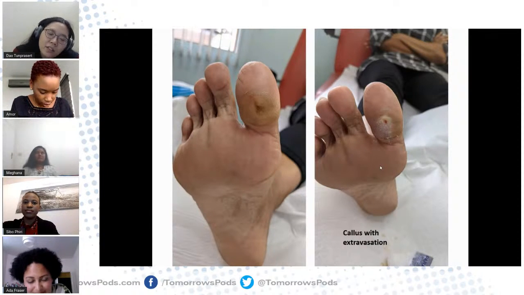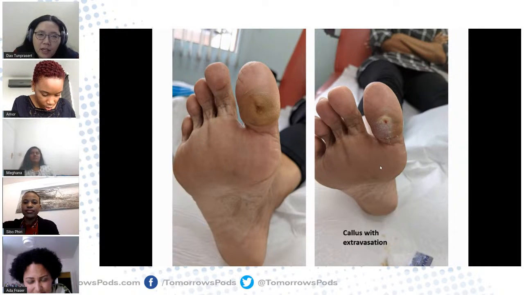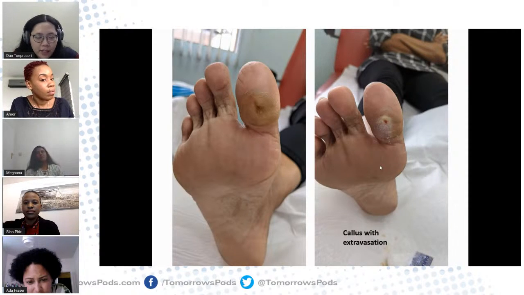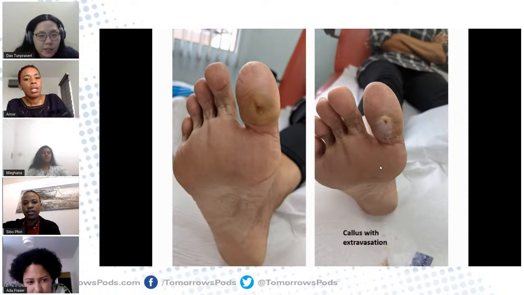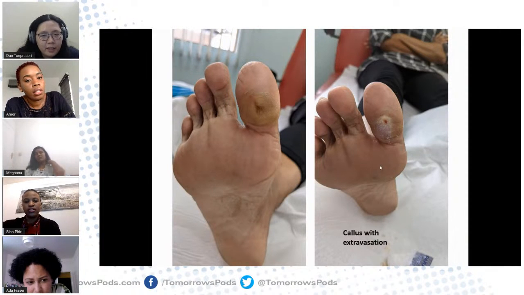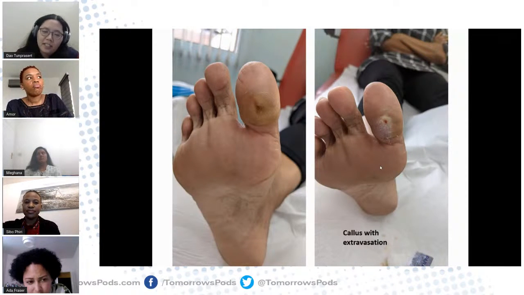And do you think, in terms of extravasation, the appearance and presentation look different in a darker skin color, from your experience? Because this is a lighter brown color, right? But what about in a very dark one? Yeah, I don't think so. Because it's on the plantar side of the foot, even in the darkest complexion, correct me if I'm wrong, we don't go significantly dark on the plantar sides or in the palm of the hand.